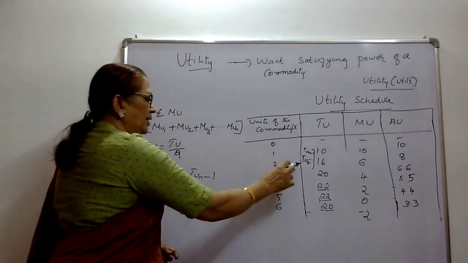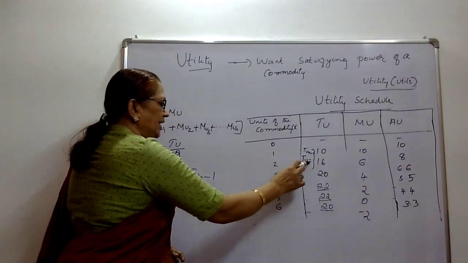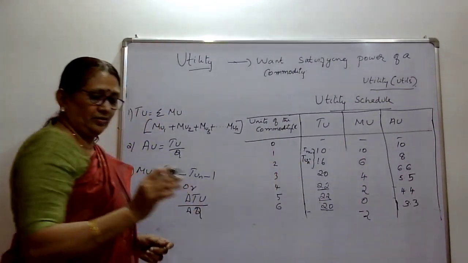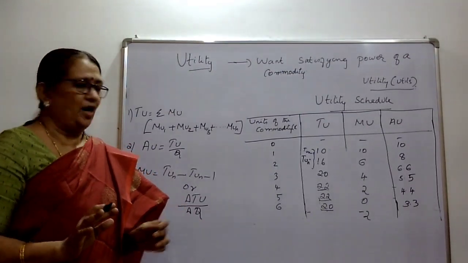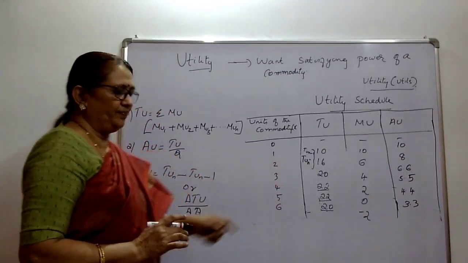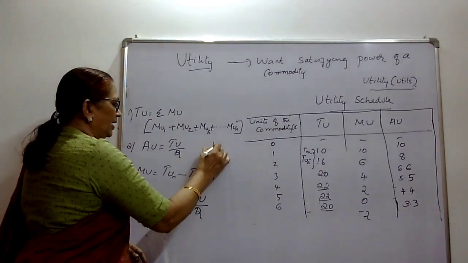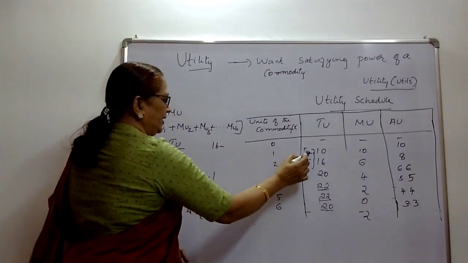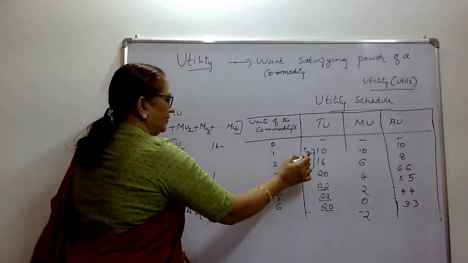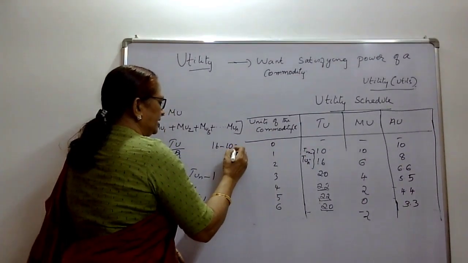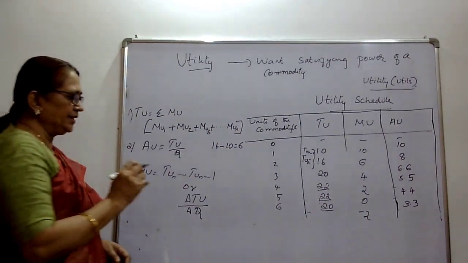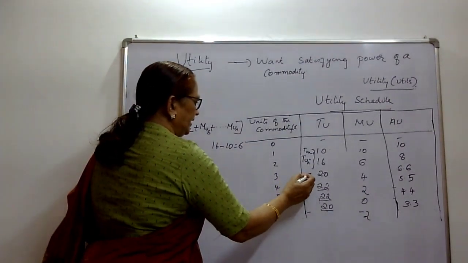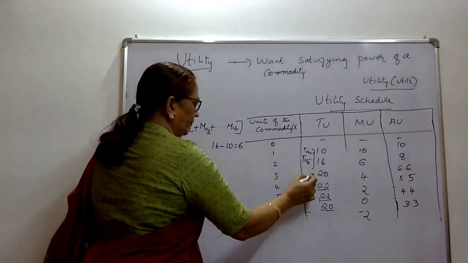So for example, total utility of the nth unit, how much is that? 16. 16 minus total utility of n minus 1 unit, 10, is equal to 6. Next, total utility of nth unit, 20.